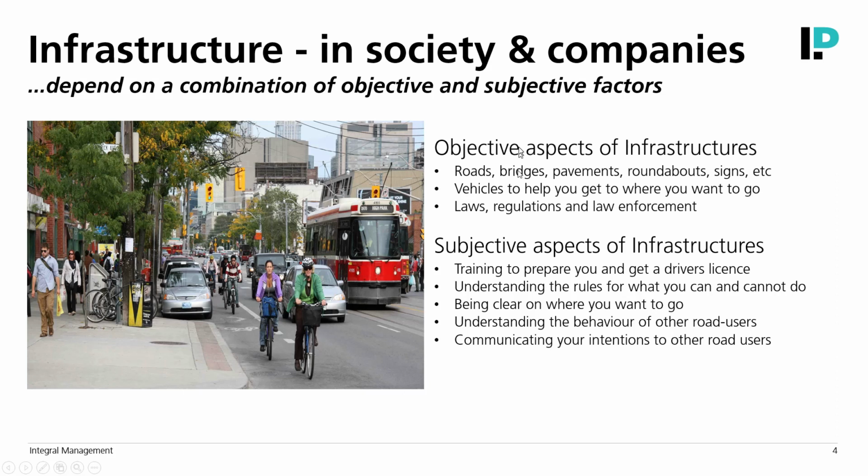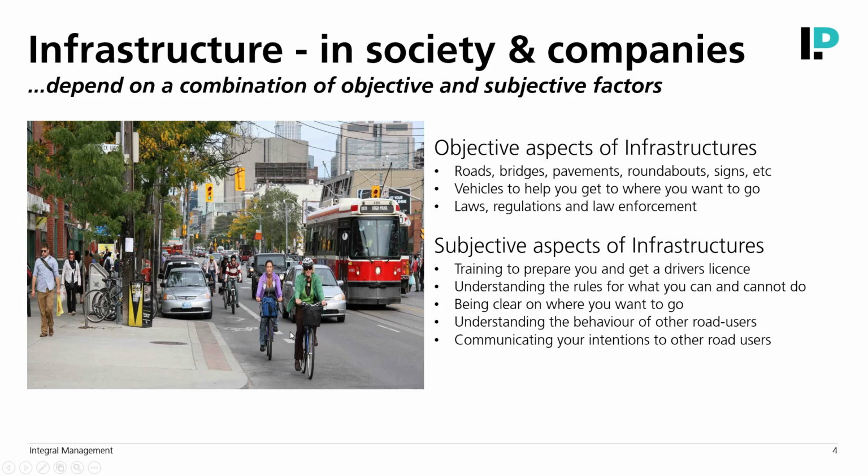If you look at it, there are objective aspects of an infrastructure, things you can see. There are roads and bridges and signs and traffic lights. They're all there to make these movements move better. There are vehicles to help you, different kinds of vehicles, and the infrastructure also needs to handle that.